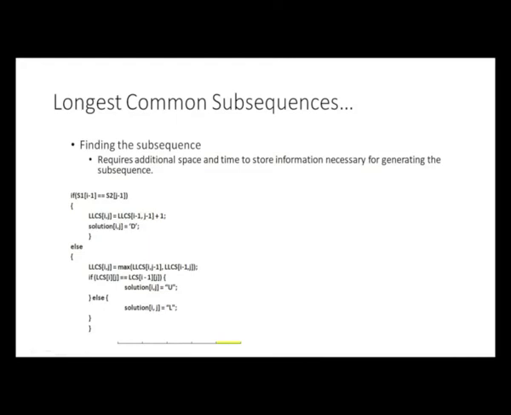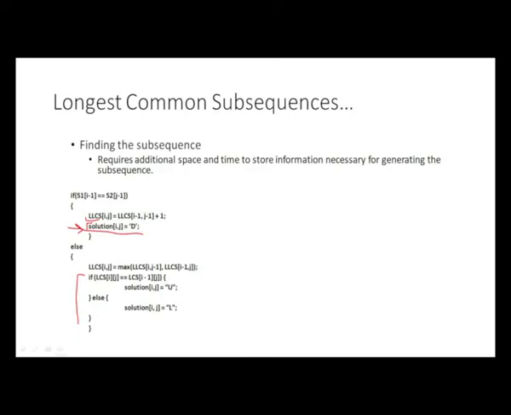If you look at the slide, we have added some statements to our previous snippet of code through which we generated that two-dimensional array, which is this statement here, wherein we are using an additional two-dimensional array named solution, with the same dimensions as that of the LLCS. And we have also added this small portion of code.